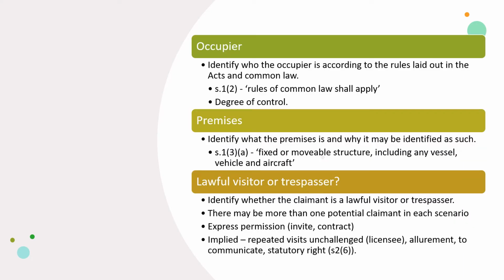So there are some things we need to consider before we delve into the Act. We need to start off with considering who we are going to make a claim against. So in this scenario, this will be outlined. Somebody will control premises. So identify the occupier and who that is according to the rules laid out in the Acts and in common law. Now this is a little bit of a cop-out in the sense that section 1.2 tells us rules of common law shall apply.